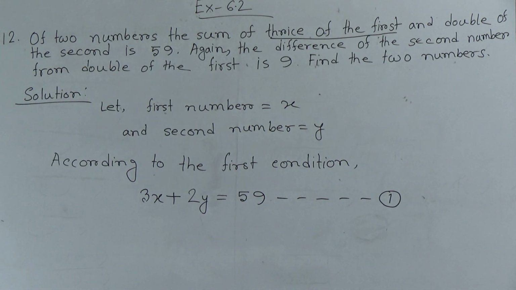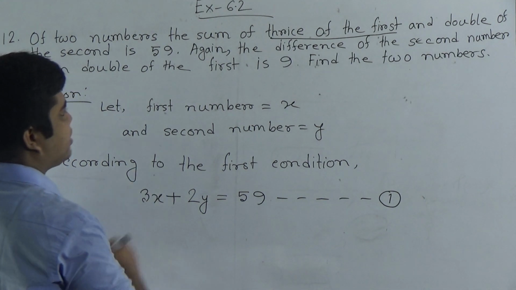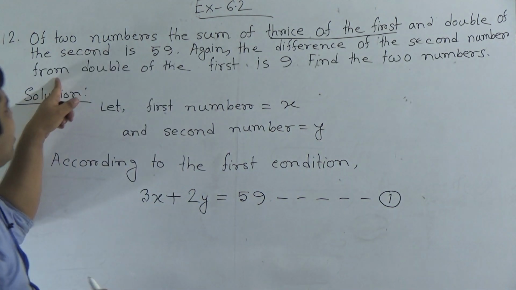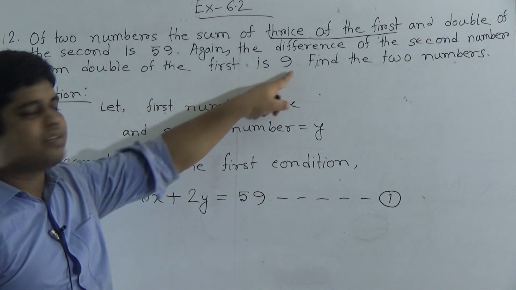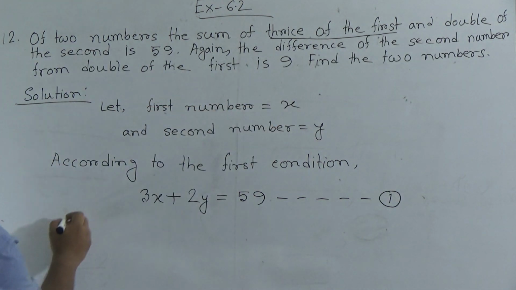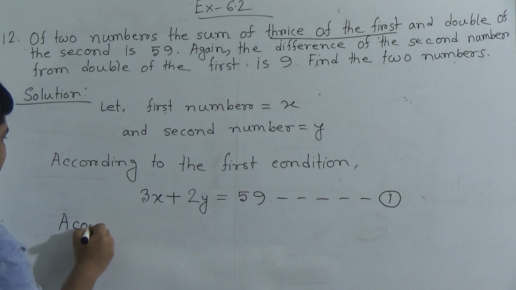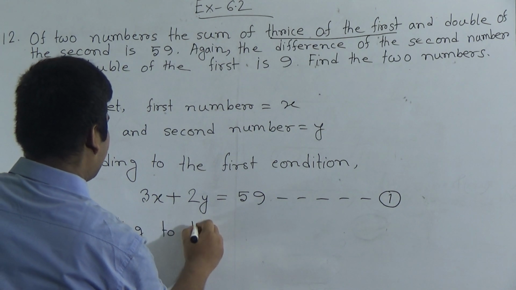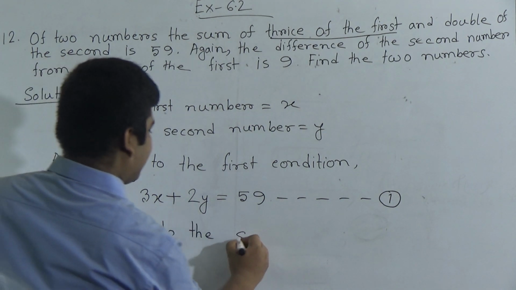Next, we shall notice our second condition. Again, the difference of the second number from double of the first is 9. That means now we write according to the second condition.